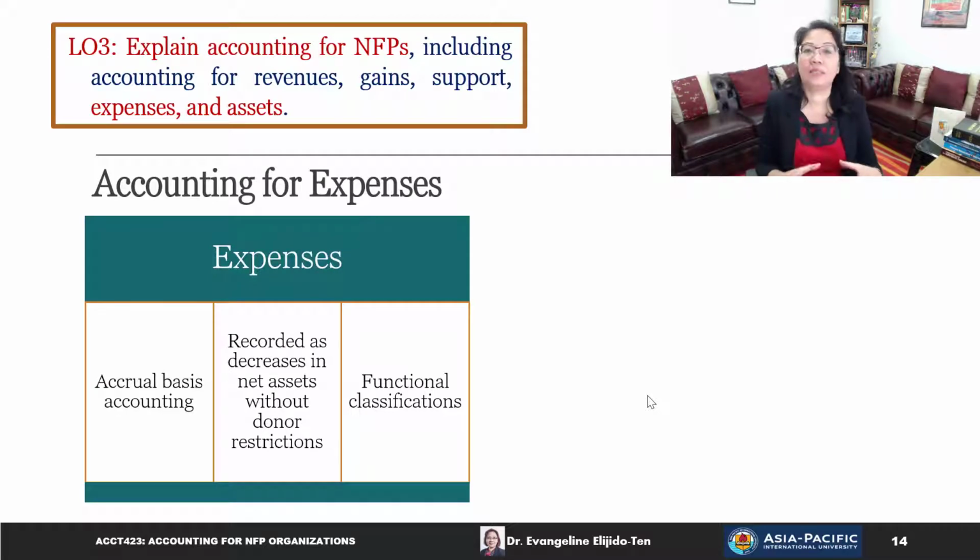So expenses in not-for-profit entities need to be recorded in accordance with accrual basis of accounting. Expenses are recorded as decreases in net assets without donor restrictions, and expenses need to be functionally classified.